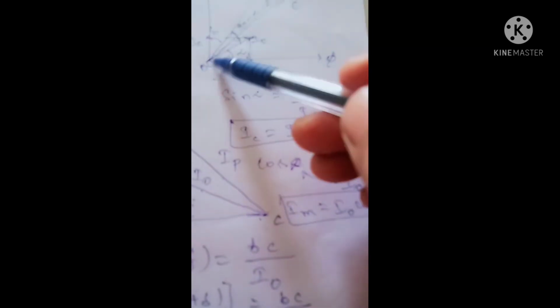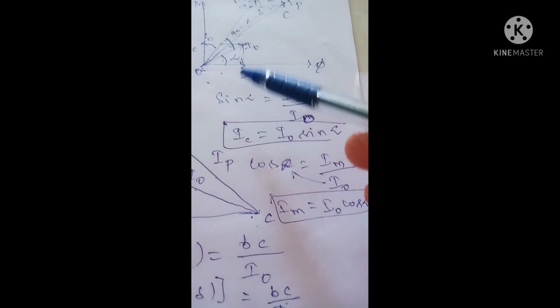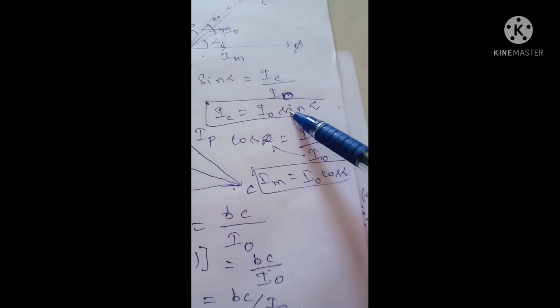So from this small triangle we have obtained the equations for sine alpha and cos alpha. So from that I have obtained IC equal to I naught sine alpha and IM equal to I naught cos alpha. Based on this, now let's see.